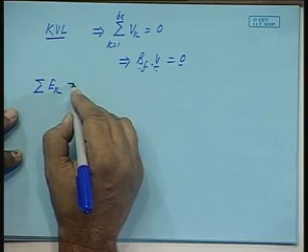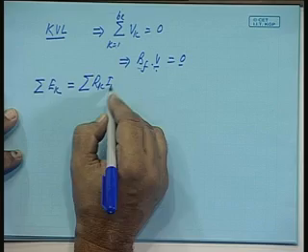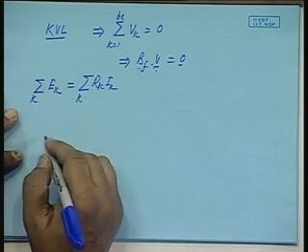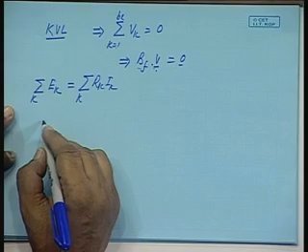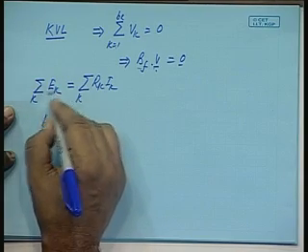Now, using this condition in the previous equation, we find sigma Ek equal to sigma Rk Ik summated over k, or we can write in terms of the elements. After all, these are the elements in the loop.